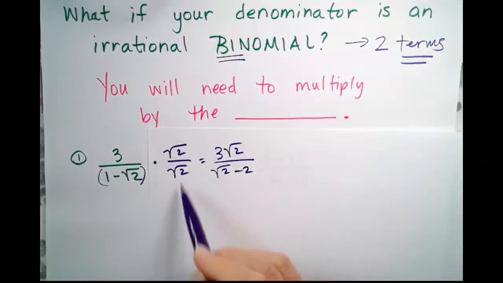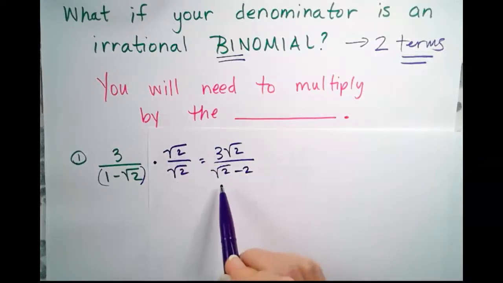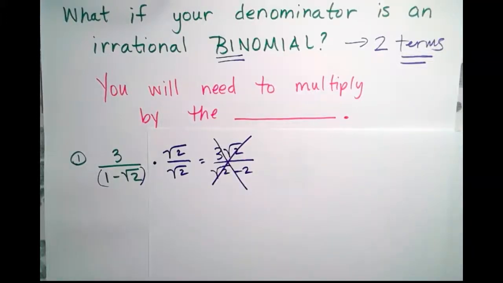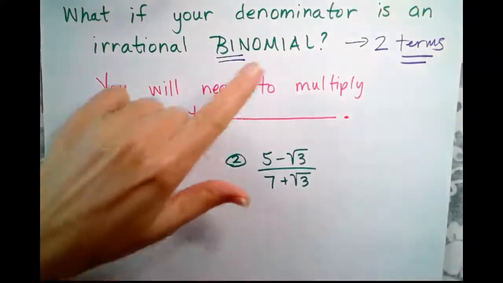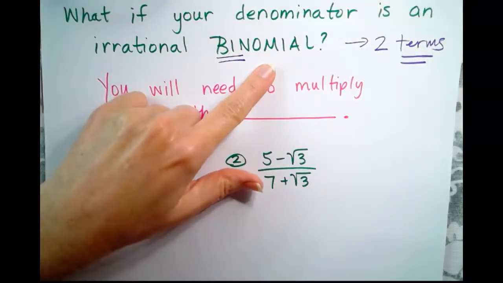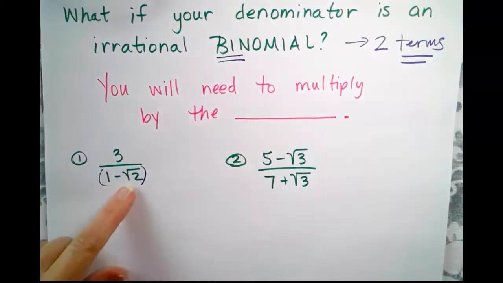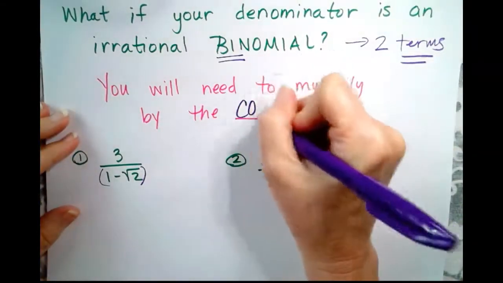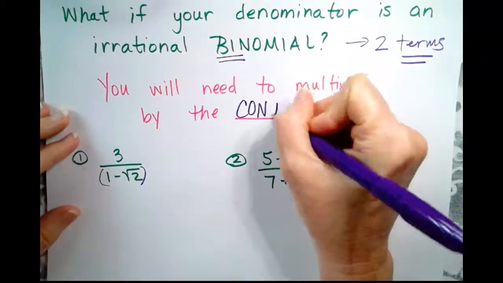Did that strategy alleviate the radical in the denominator? No, it did not. So if we have a binomial, which has two terms, multiplying by a single radical over itself, not going to be enough. We need to multiply by the conjugate.